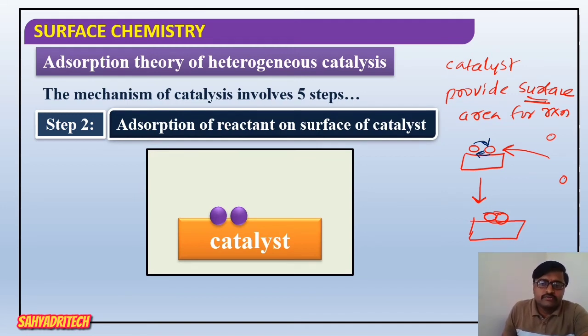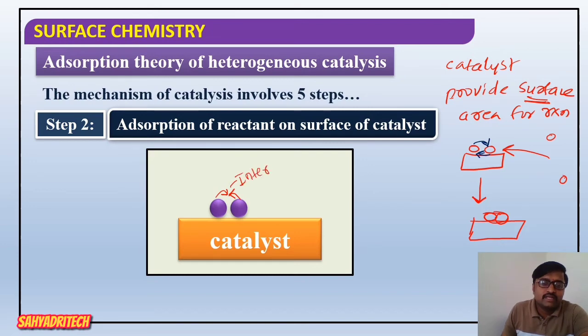So once diffused, what is the second step? Adsorption of reactant molecules on the surface of a catalyst. They get adsorbed properly so that they come close enough to one another, so that they interact.